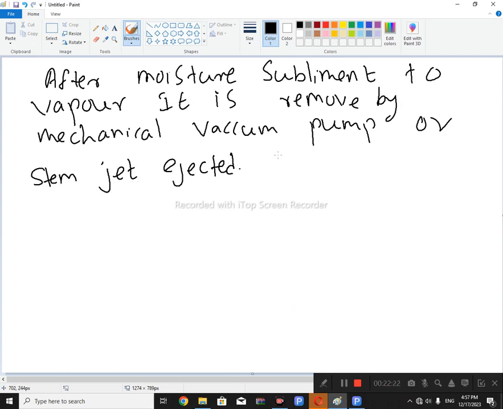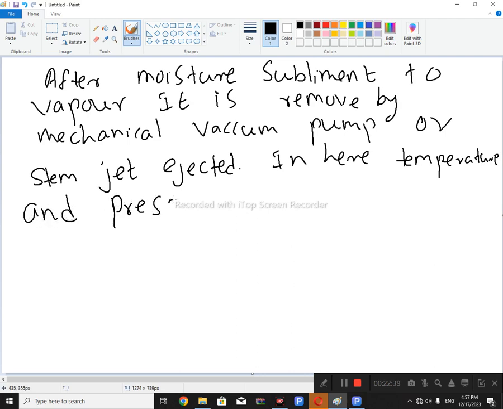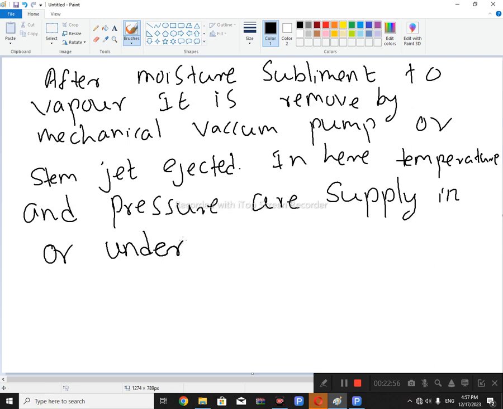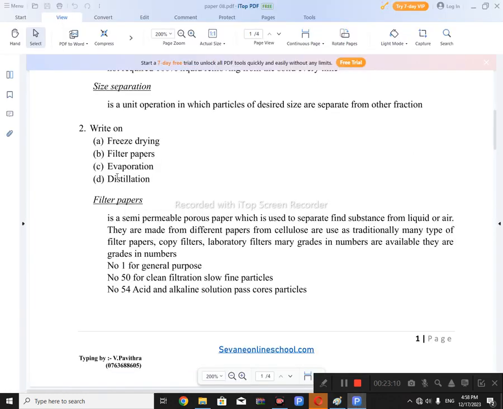Here temperature and pressure are supplied at or under the triple point.